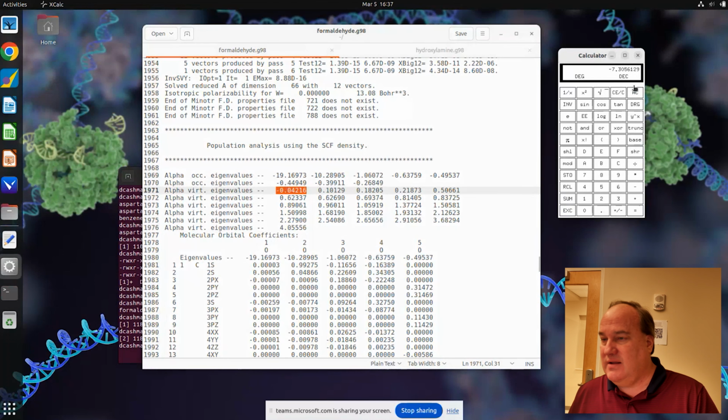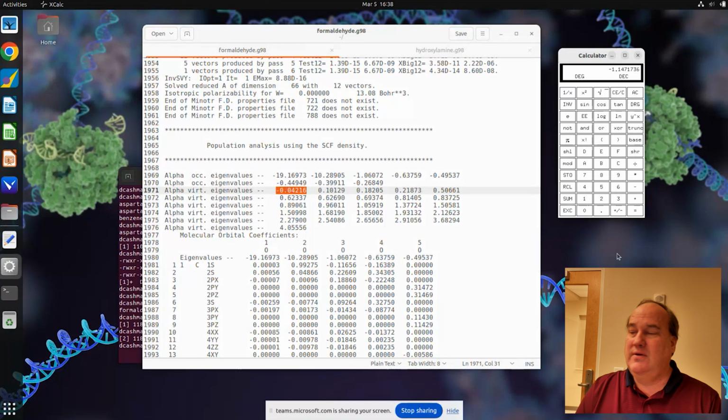So I'm going to look at the 0.04216, make that negative, multiply by 27.21, I get minus 1.147, minus 1.15 to 3 significant digits.